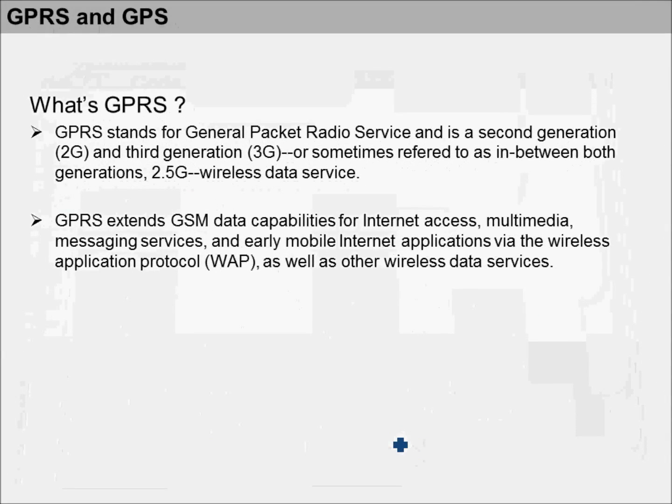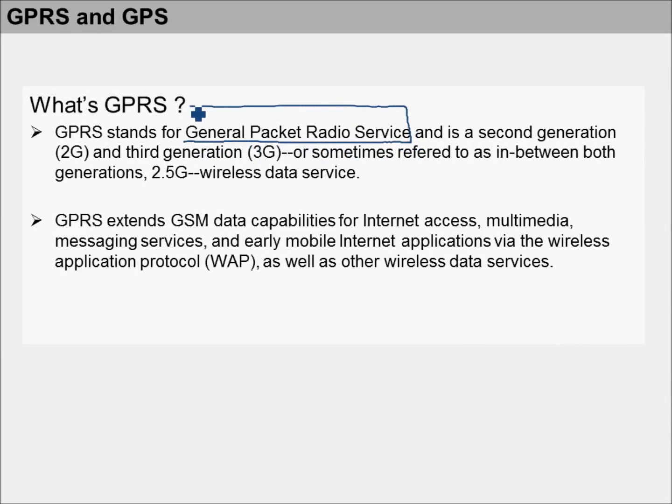Now we'll discuss what GPRS is. You have heard about this. GPRS stands for General Packet Radio Service. It is a second generation, third generation, or sometimes referred to as in-between both generations, like a 2.5G wireless data service. What it brought is that it was built on GSM itself. GPRS extends GSM data capability.